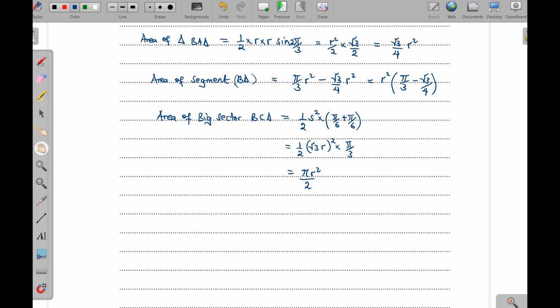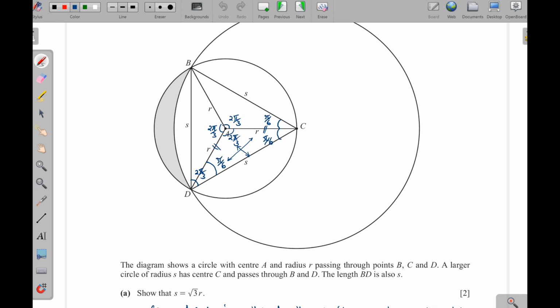Then from there, we shall get the area of the big triangle. Which big triangle is this one? It is BCD, okay?